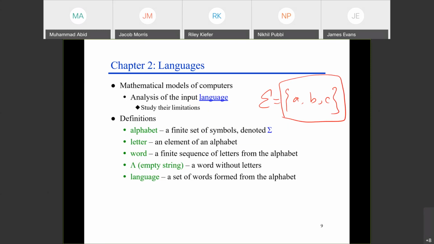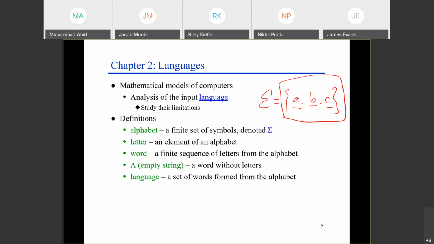Each single member of this set is called a letter. So now in this, A is a letter, B is a letter, C is a letter, and the whole thing is called the alphabet, summation. And now you combine these letters which you get from this alphabet, and you make a word.